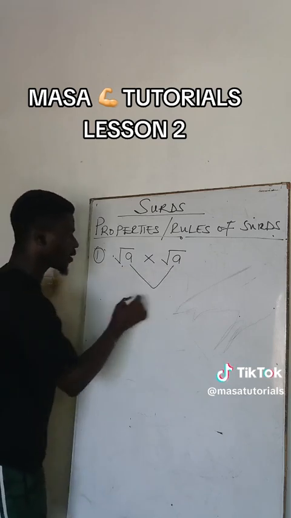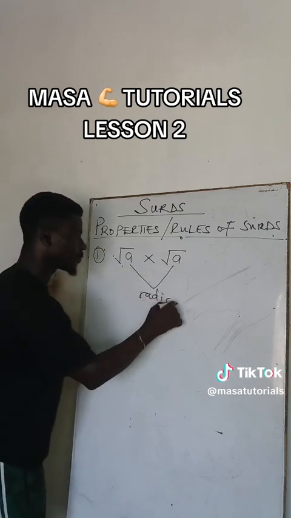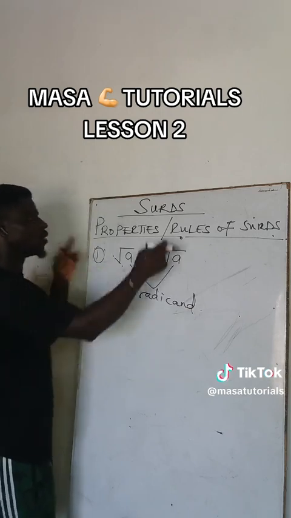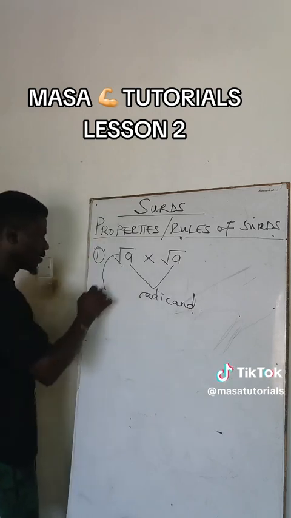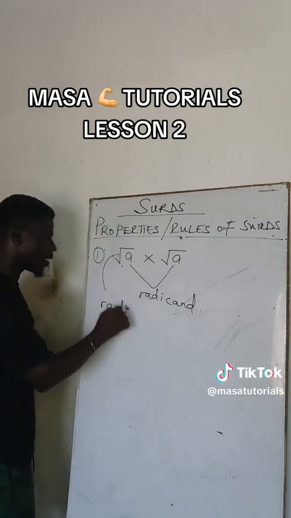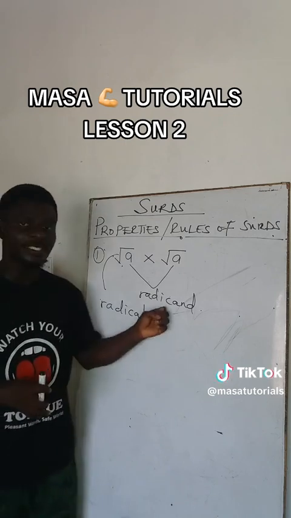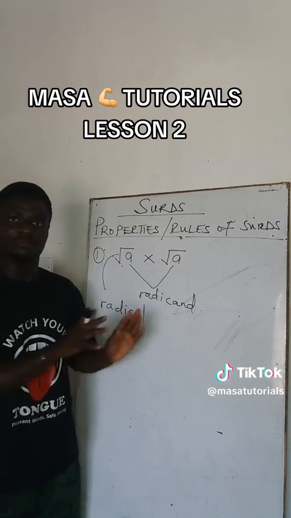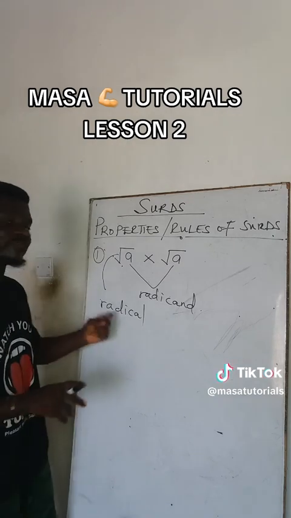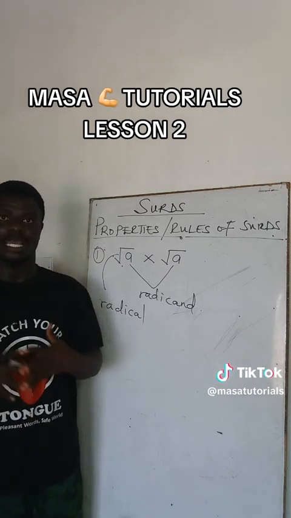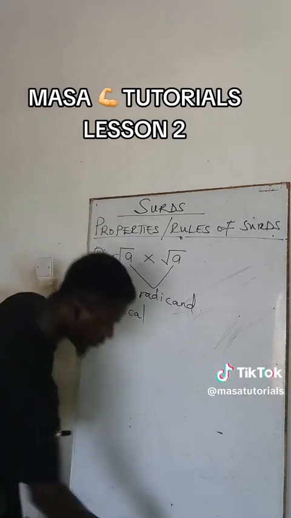So they are called radicand. And the root sign is called the radical. So if I say radicand, you should know what I mean. Then radical, you should know what I mean by radical.